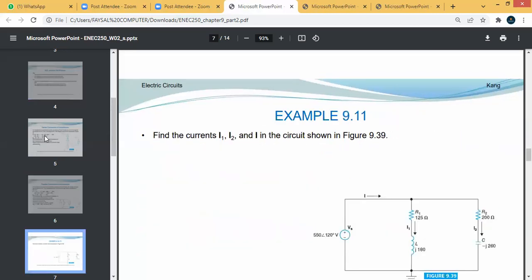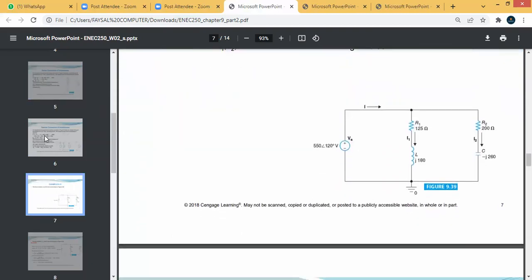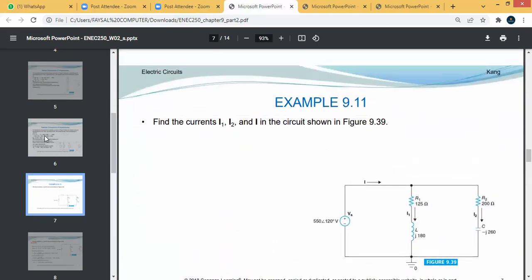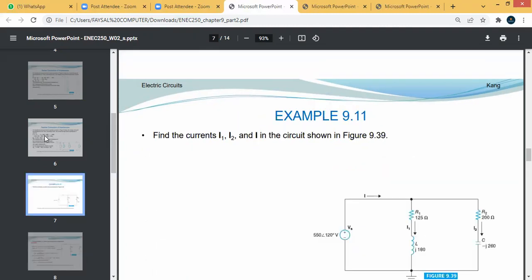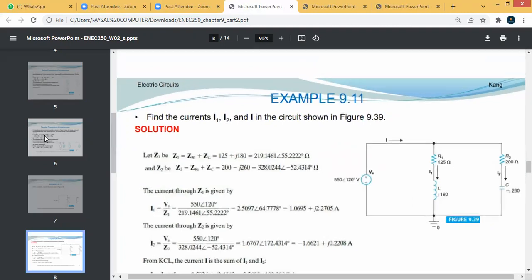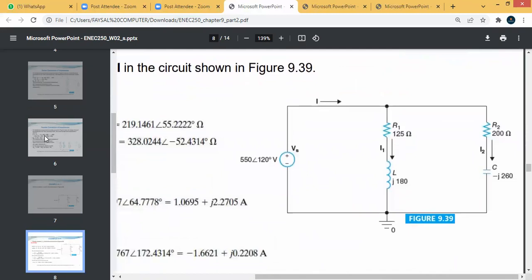Now moving towards example 9.9.1, we have to find the current. For this we have to find the values of I1, I2, and I. So let's start with the question. Where is I1, where is I2, and where is I?